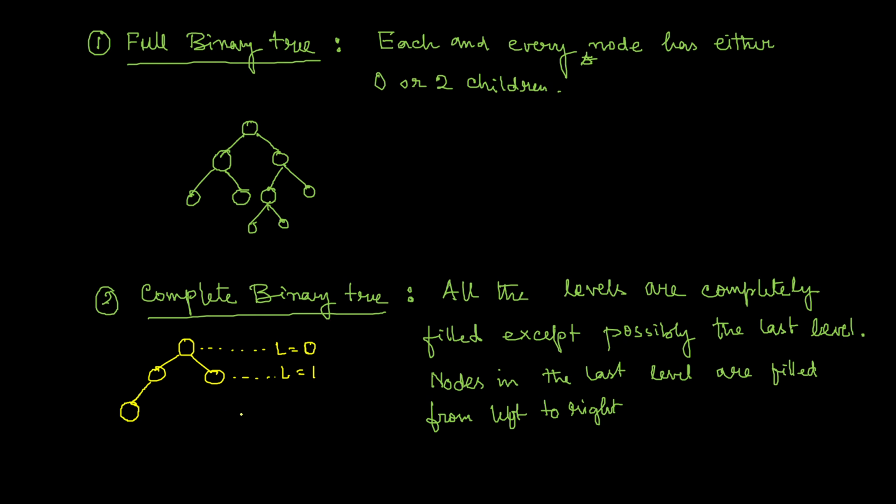Obviously, I can add many other nodes, but I can say that here I have at least that node, so it is level 2. So this is the last level till now, and it is given that all the levels are completely filled. Levels are completely filled means in that level, the number of nodes that I should have are all present. That's what it's saying. So that means this is the last level. Other than this last level, all the levels, that is level 0 and level 1, are completely filled.